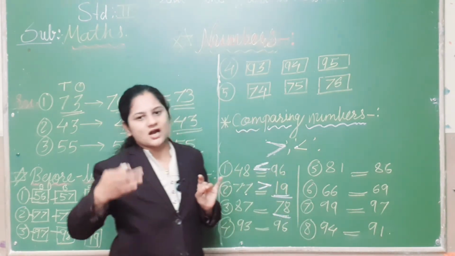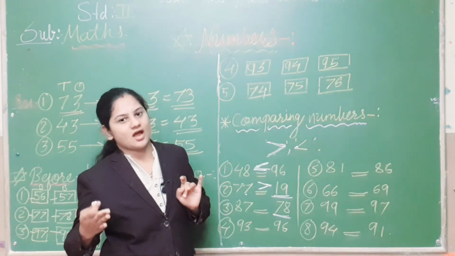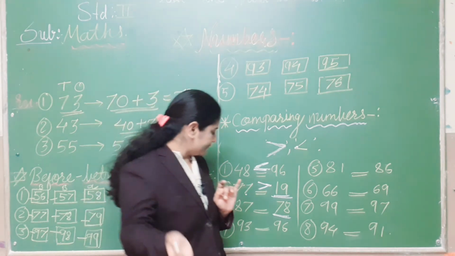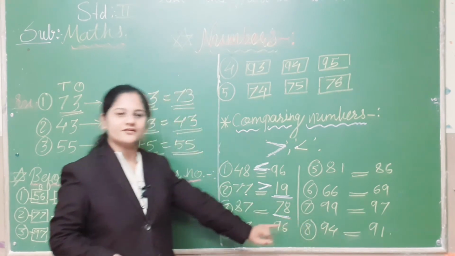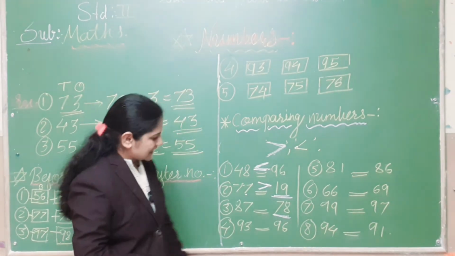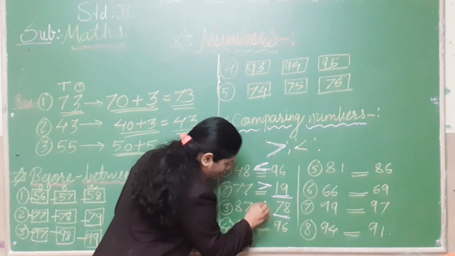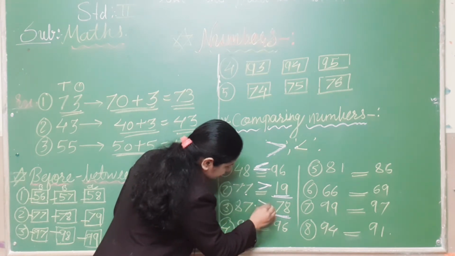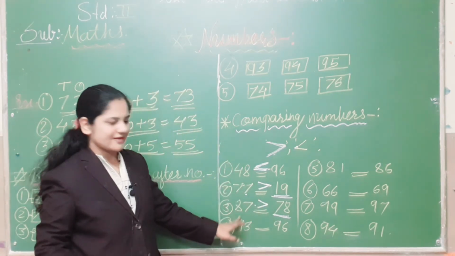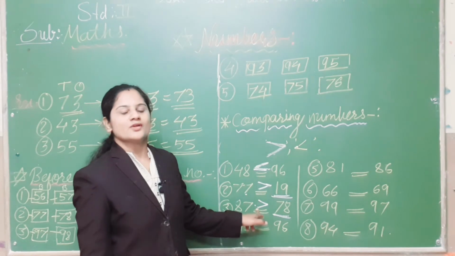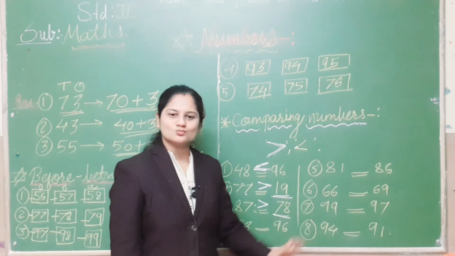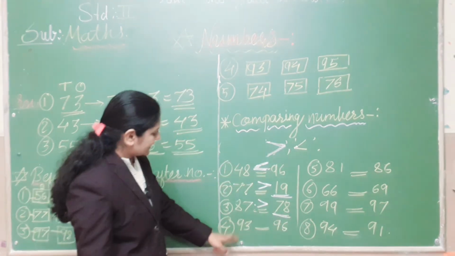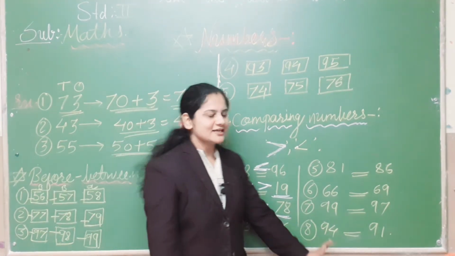And numbers starting with 8, 7, 9 are greater numbers. Here, between 87 and 78, the smaller number is 78. So the open arrow is towards 87, which is the greater number, and 78 is the smaller number.